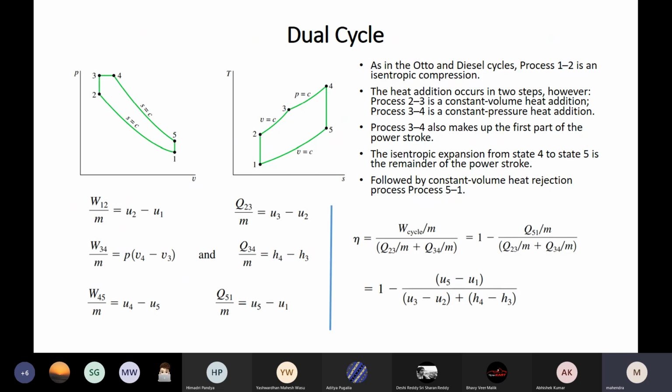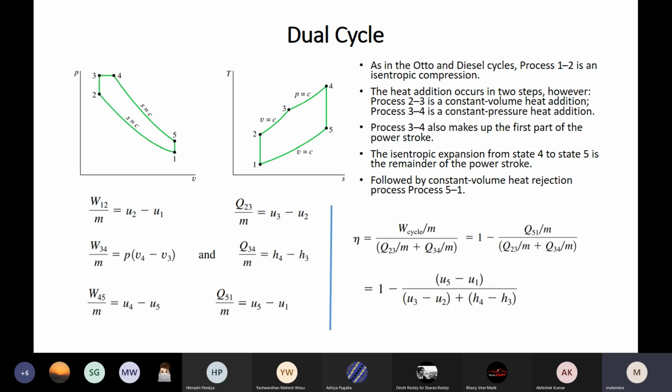Yes. Here, the dual cycle actually has both. Certain part of energy addition is at constant volume. Certain part of energy addition is at constant pressure. That's what we are calling a dual cycle. Like this, hybrid, both mixing of auto as well as diesel. This is the dual cycle.